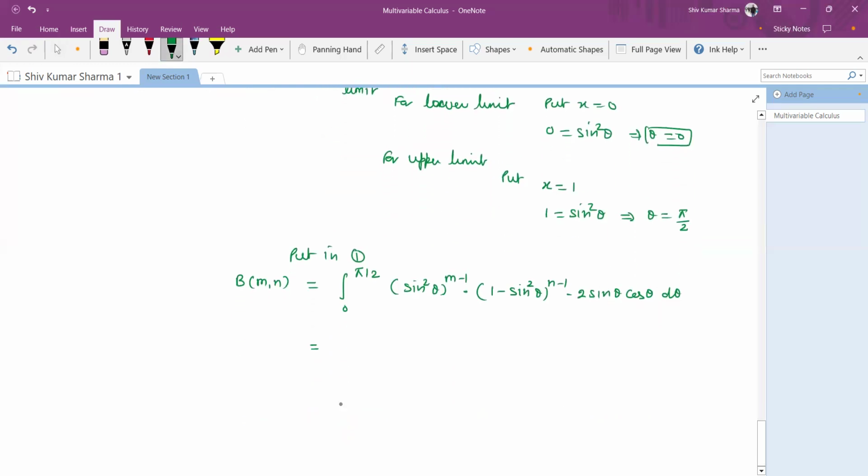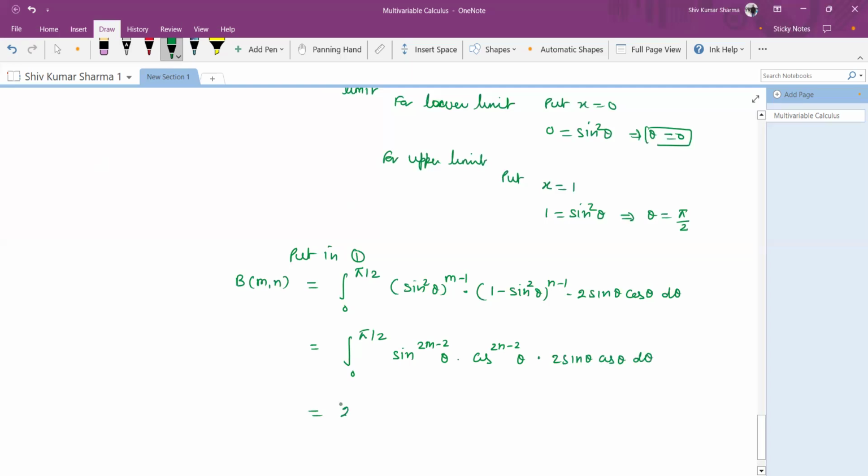So this equals the integral from 0 to pi by 2 of sin raised to 2m minus 2 theta. 1 minus sin square theta is cos square theta, so this can be written as cos raised to 2n minus 2 theta, into 2 sin theta cos theta d theta.